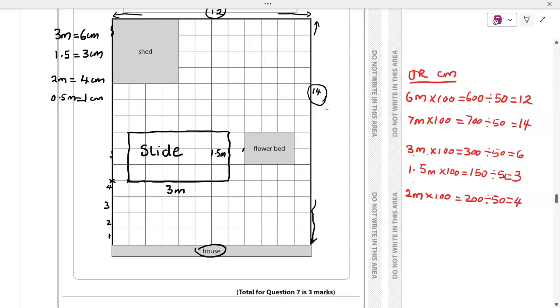Okay, and then finally we have 0.5 times 100. This will give you 50, divided by 50 to give you 1. So you can just calculate on the grid the number of centimeters which we have here.